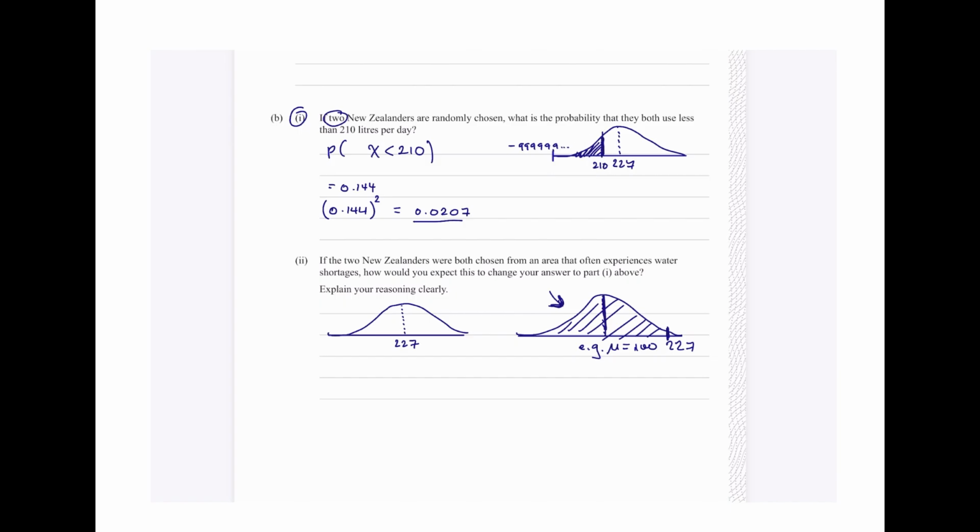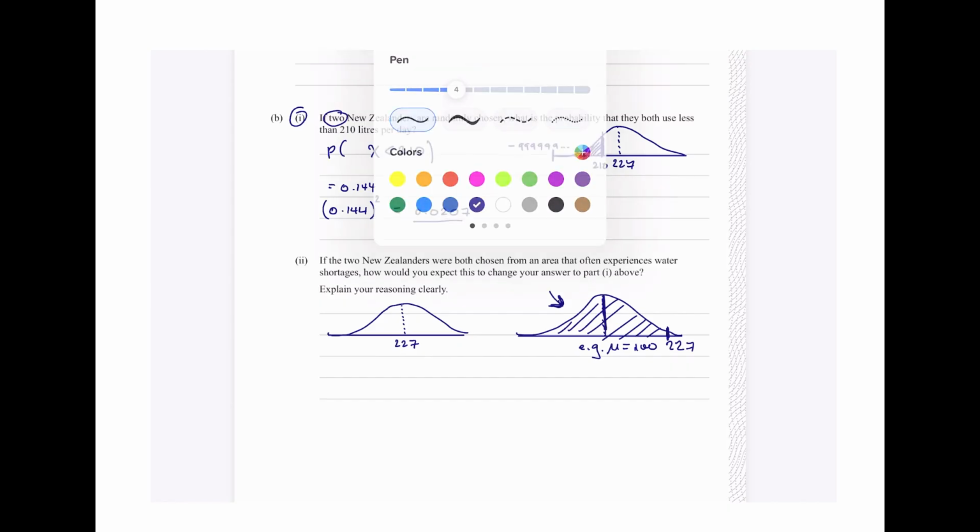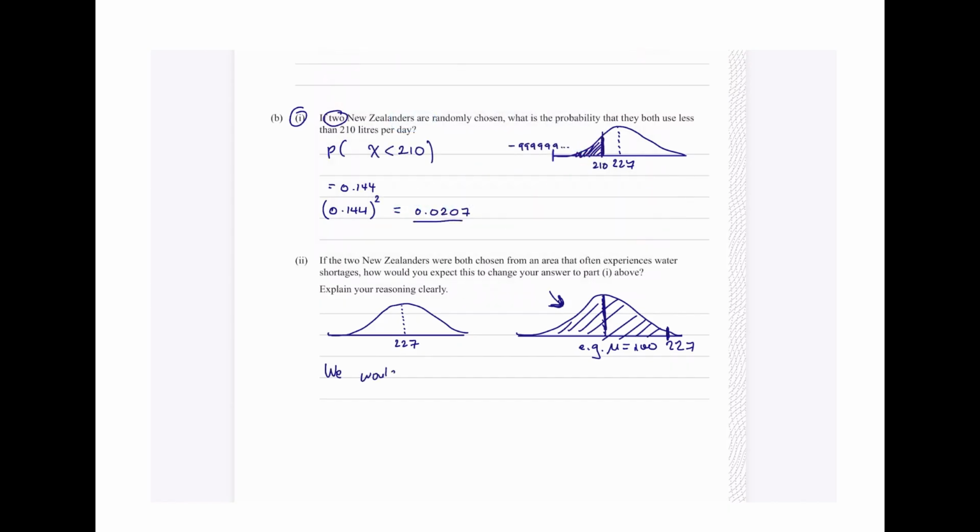So what I'm trying to say is, if both are chosen from here, how would you expect this to change? We would expect that the probability that x is less than 210 would be much higher, since we have a significantly larger area under the normal distribution.